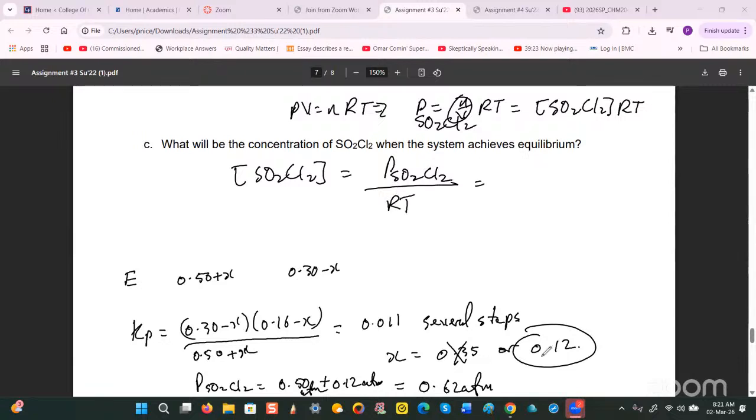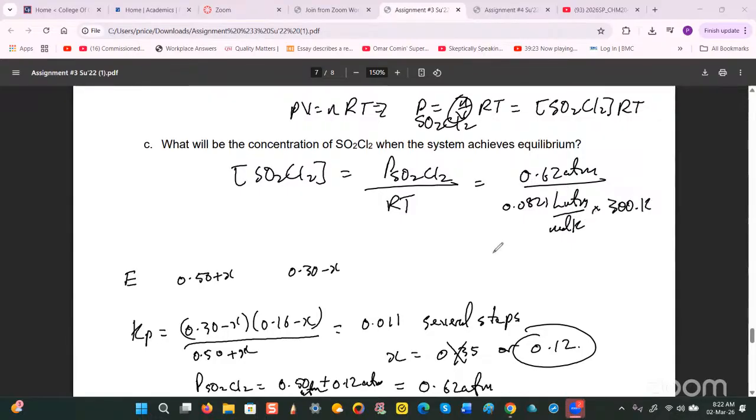So the pressure of SO2Cl2 we worked out to be 0.62 atmospheres divided by R, which is 0.0821 liter atmospheres over mole Kelvin, times the temperature, which is, from the top of the question, 300 Kelvin.